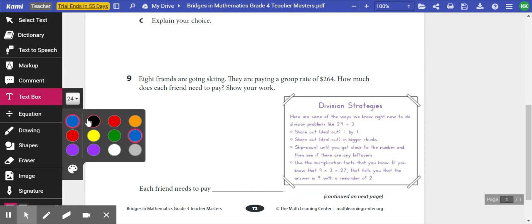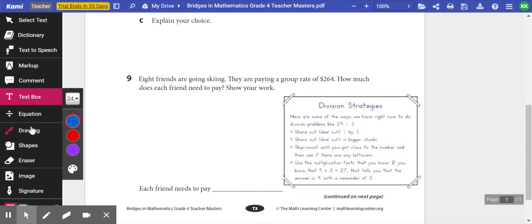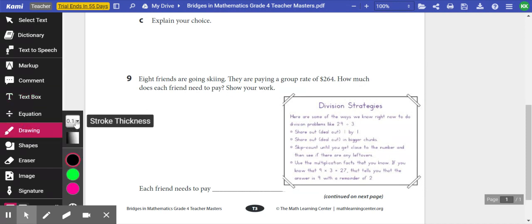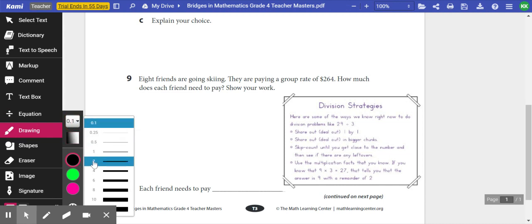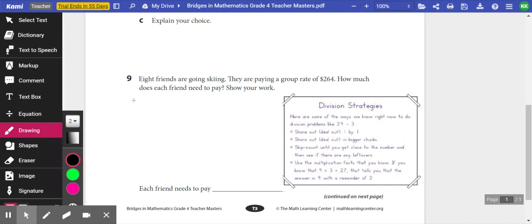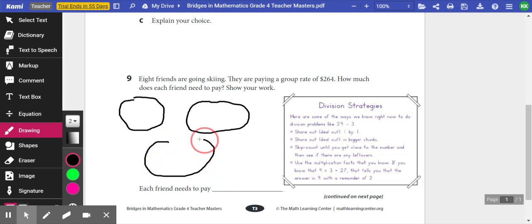So the share out, deal out, I've seen a lot of you use before. It's probably the most time consuming, but it definitely shows your work. So if you had to show your work and visually show your division, you would draw 3 circles, boxes, whatever you want to do, and then count out to 29.